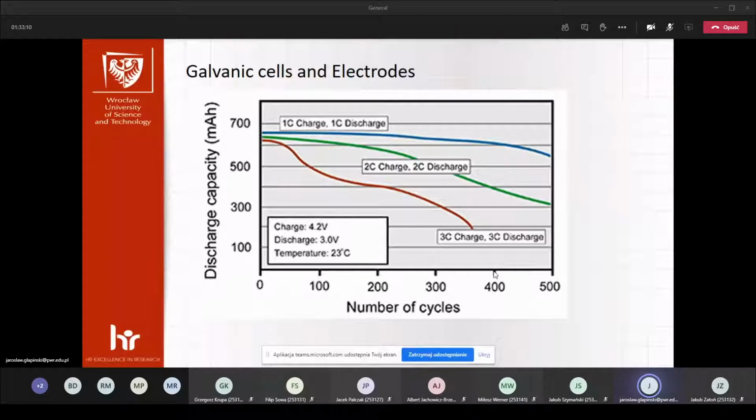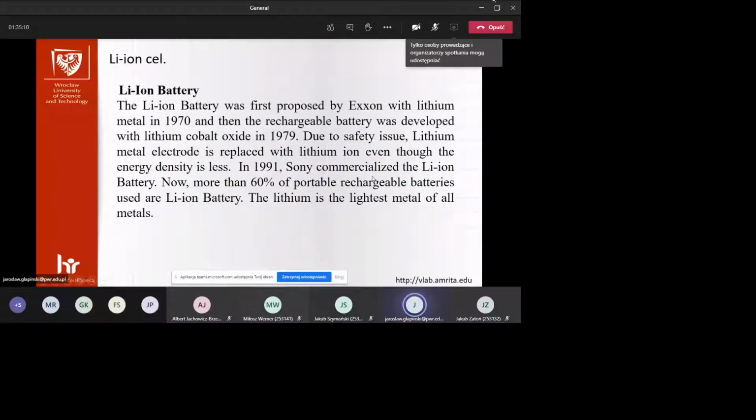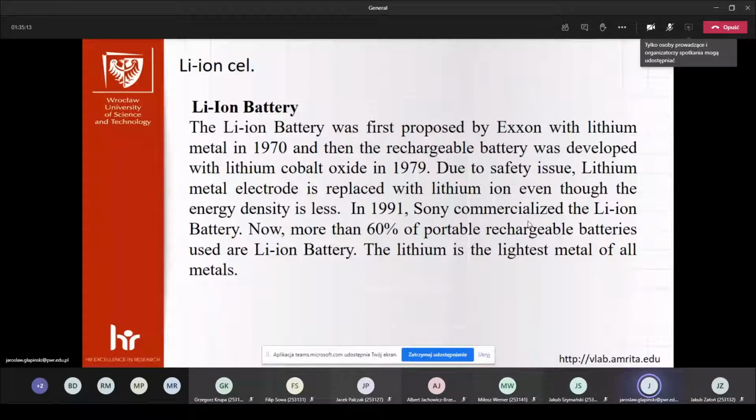Generally, they finished their work in the 1990s, and it is Sony that commercialized the lithium ion batteries, and they still had problems. And nowadays we also have the problem, because you sometimes hear about explosive elements.